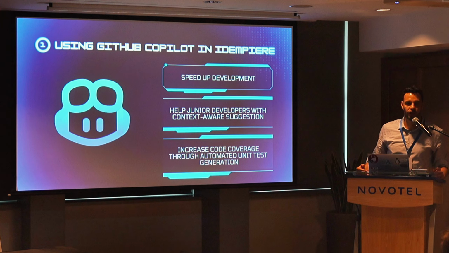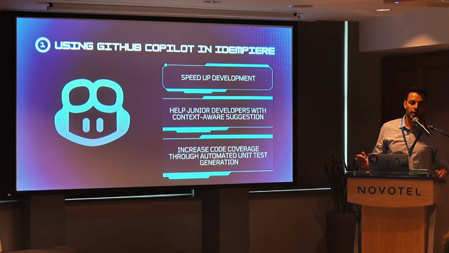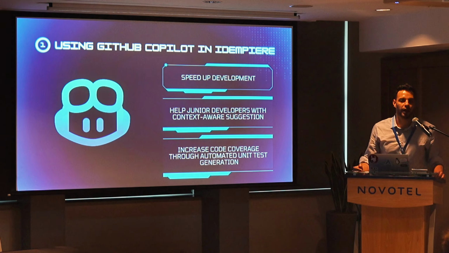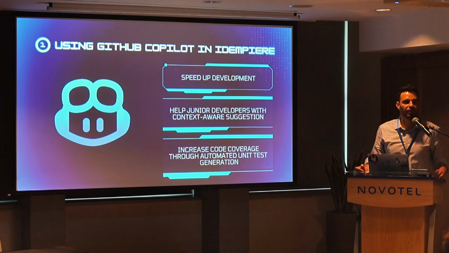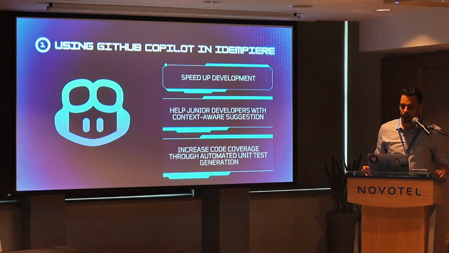It can suggest code base. It can help creating unit tests. The unit tests that we are now creating for the REST API were 90% done by Copilot, but you always have to refine some things and check here and there, but it saves a lot of time.